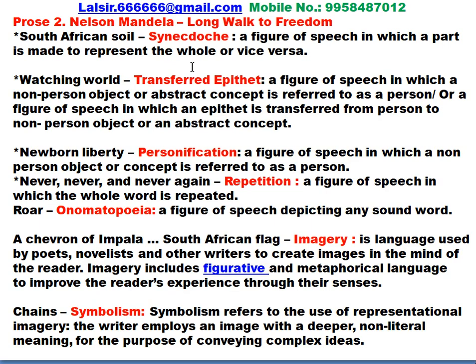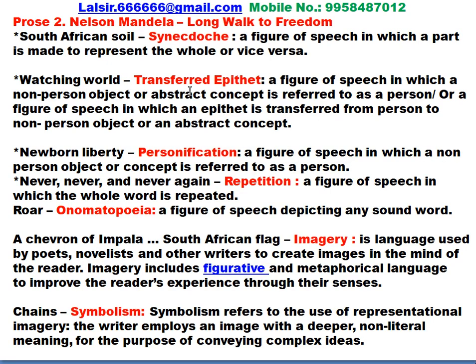Synecdoche, for example: South African soil. Now, what is synecdoche? A figure of speech in which a part is made to represent the whole, or vice versa. Whether a part is representing the whole or the whole is representing a part, both will be referred to as synecdoche.